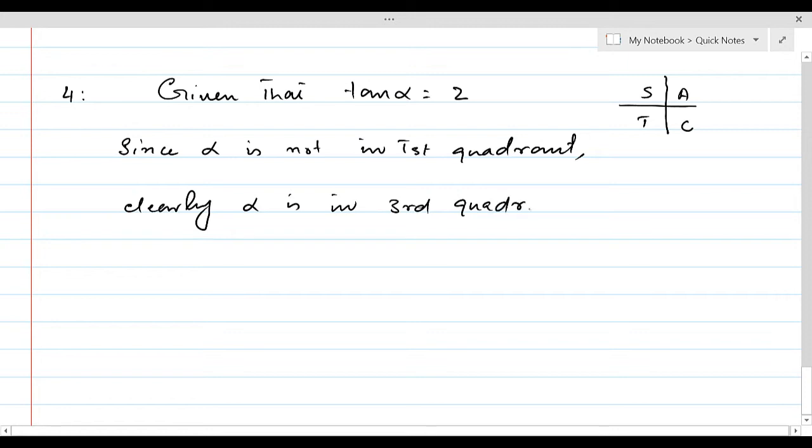It is very important to know in which quadrant the angle lies, because that's what will tell you the sign of other trigonometric ratios.